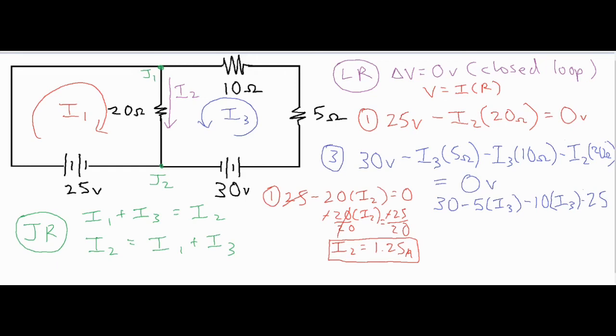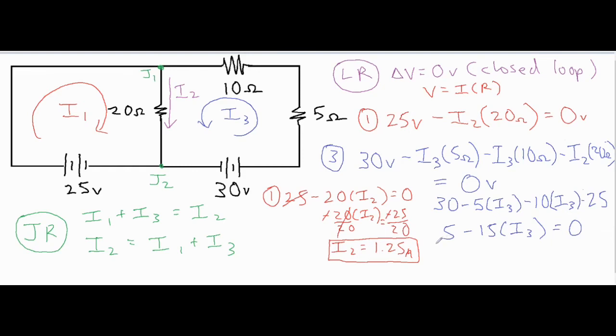So I can go ahead and simplify a couple things, and that's going to make my problem solving process pretty easy from there. If you take 30 and then minus this 25, you have 5. And then I have minus 5 I3 and then minus 10 I3. And I can call that minus 15 I3. And that is all equal to 0 because my total delta V for that loop is 0.